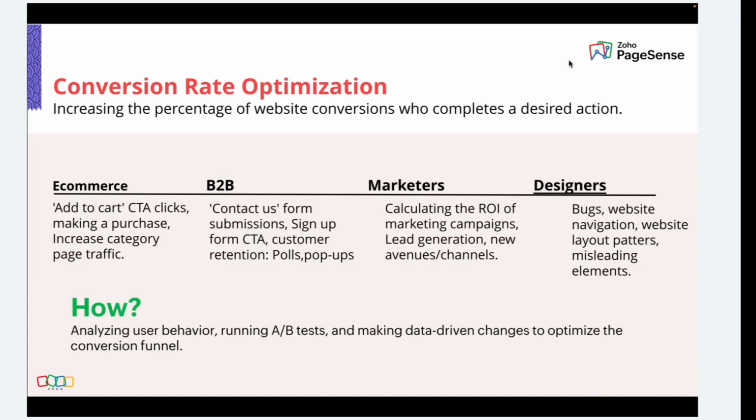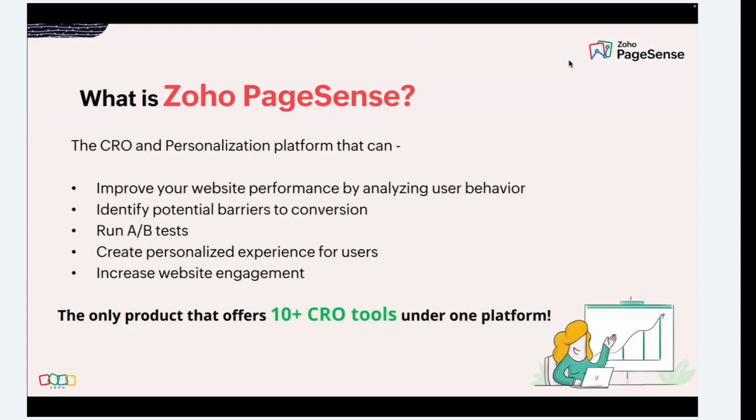The CRO market is packed with so many mind-blowing tools involved throughout the process. And one tool that stands out in terms of cost and value is Zoho PageSense. With Zoho PageSense, you can analyze user behavior on your website using heat maps, session recordings, and other insightful and informative tools.